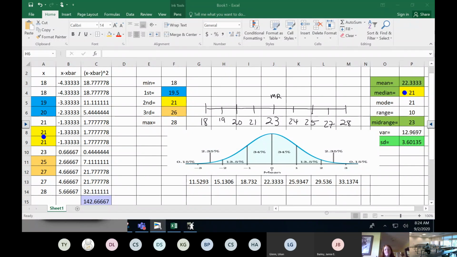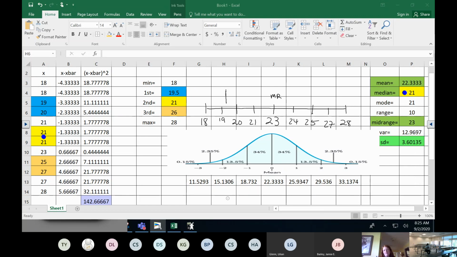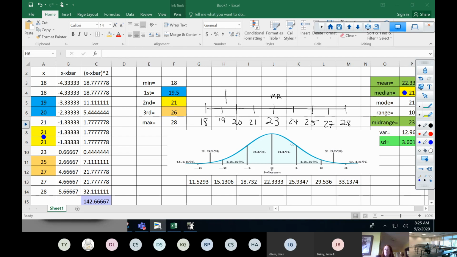Now you draw your box plot. So I need a blue. Blue is 19.5. Okay, I said blue. Thank you.